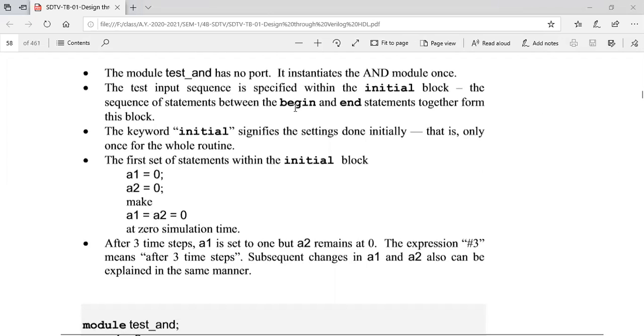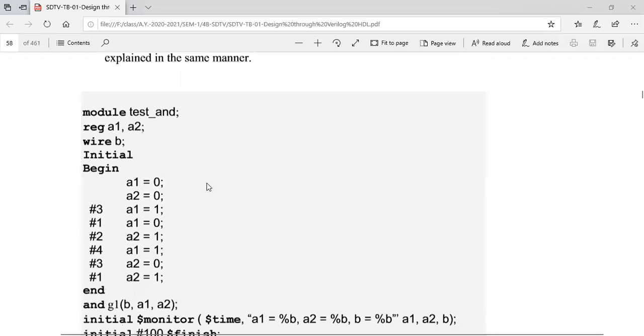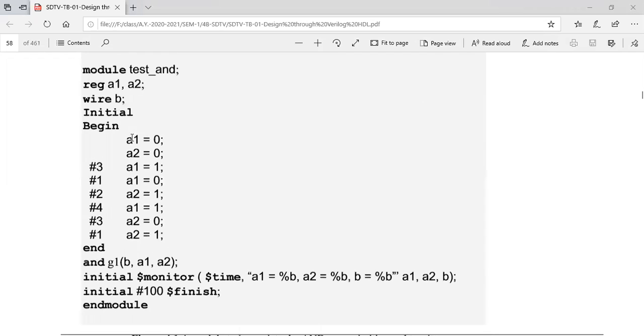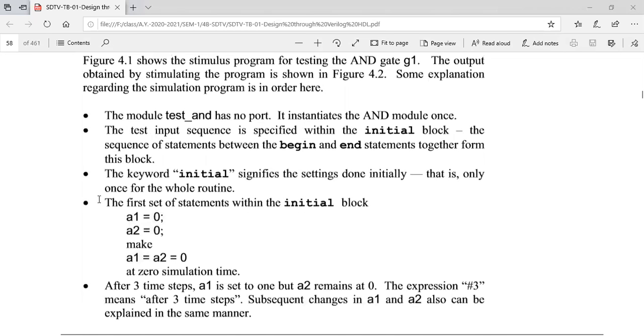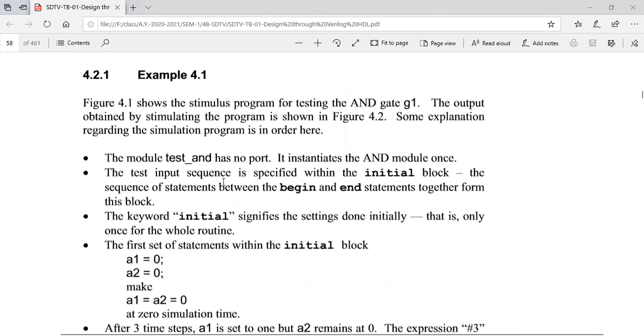We have a sequence of statements between begin and end. That means it has to execute sequentially only. That's the reason why we have given some timing delays here. The sequence of statements between begin and end together form this block.